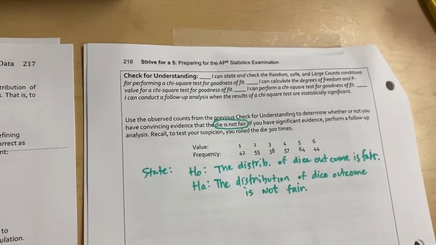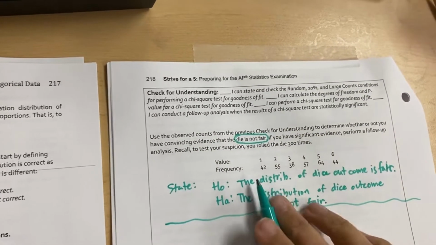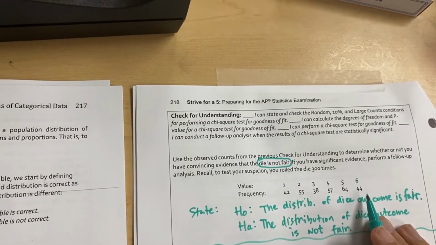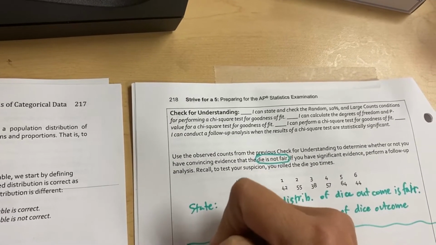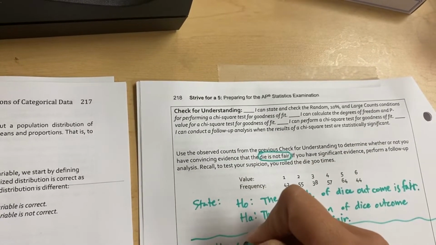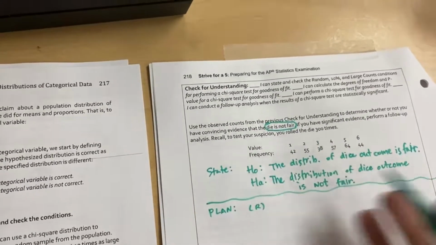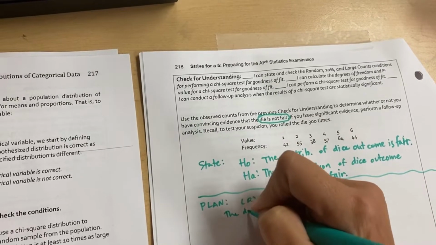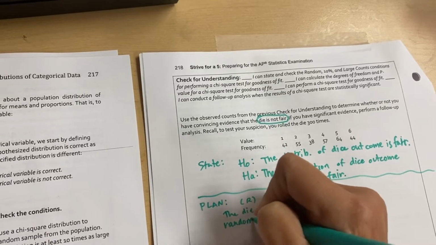So what would be fair? Well, fair would be if I got the same each time. Okay, so let's think about this for a minute. We'd assume that we randomly rolled the dice each time, so we should say the die was random.